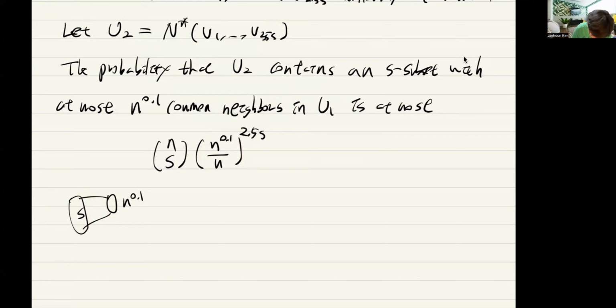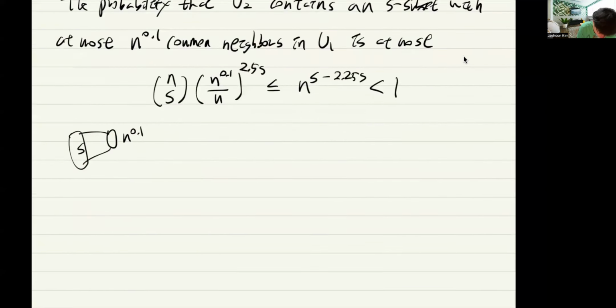But then what do you do? This is n to the s minus, say, 0.9 times 2.5s, which is smaller than 1. Thus, what do we know?